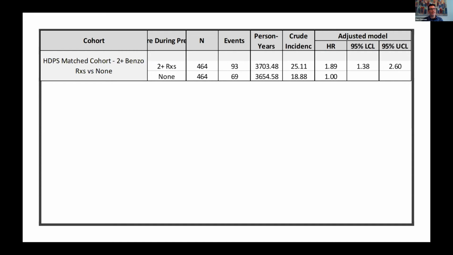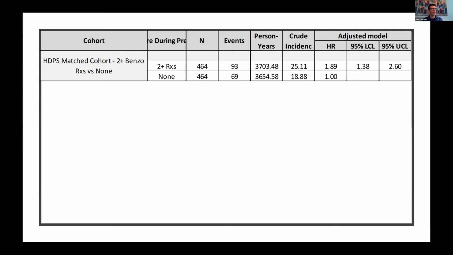There is a much higher crude incidence. You can see it's 25% compared to 18%. Now that at first seemed really, really high to me. It is high. In the population at large, it's about 7% of children who get diagnosed with ADHD, which I think is really high compared to other jurisdictions. I'm not positive about that.